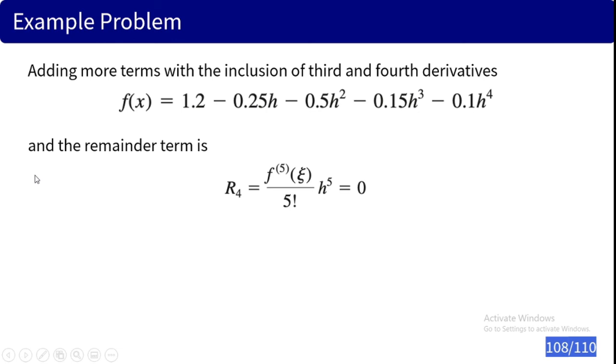Then the remainder term is R sub 4, since we are doing a fourth order approximation. We can see here that our remainder is 0, because after taking the fifth derivative, please check on your pen and paper, the expression is already constant. Since it is a constant expression, the remainder is 0, because we take the fifth derivative of a constant.